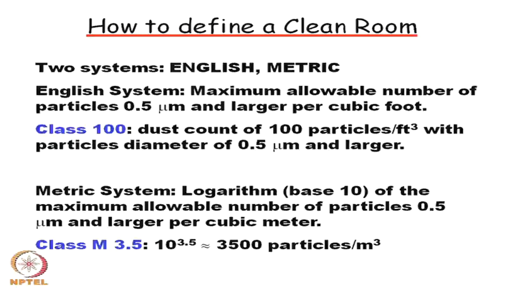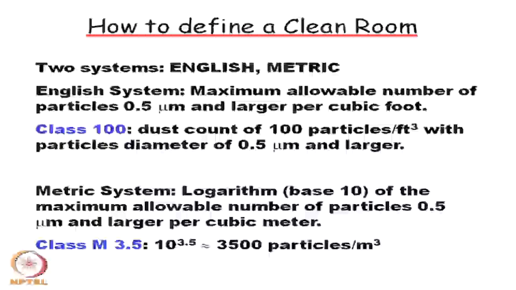So, in 1 cubic feet of air you can have at the maximum 100 particles. Then what is the dimension of the particles? Dimension of the particles is greater than or equal to 0.5 micron. That means, either it can be 0.5 micron or larger, and maximum allowable particles are 100 per cubic feet. So, this is known as the class 100 clean room.